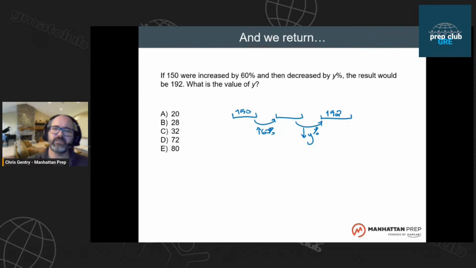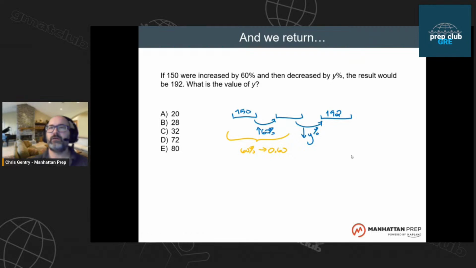Yeah, increasing by 60%. What we have here is 2 separate ways to tackle these types of problems. Stage 1 is when I know the percentage. So when the percentage is known, I can convert that 60% to its decimal format.